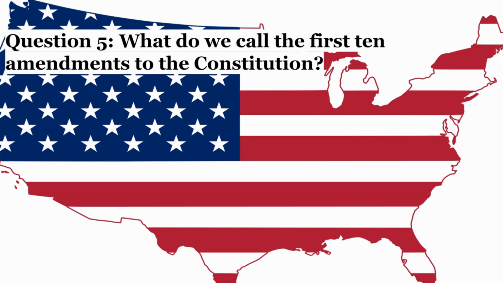So now, next question. What do we call the first 10 amendments to the Constitution? This one I hinted at earlier. The first 10 amendments to the Constitution are the Bill of Rights.